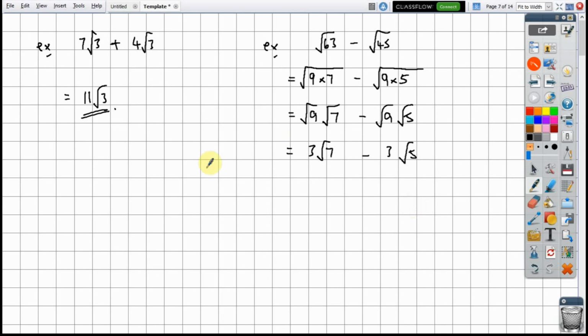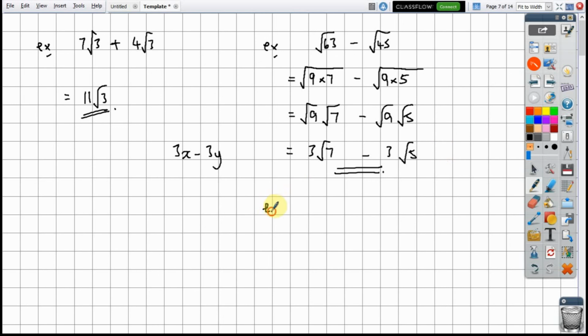Now, if this was to be compared to a piece of algebra, something like 3x take away 3y, I've got to use different letters in my analogy because root 7 and root 5 are different surds. 3x take away 3y, that doesn't simplify because they're not like terms. Similarly, that doesn't simplify. So all we can do is leave that there. There's nothing else to be done to it.